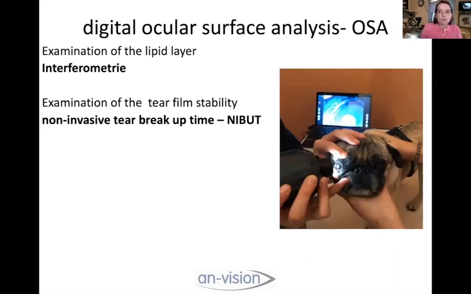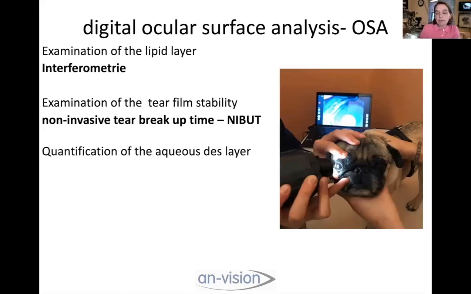How can I justify putting this dog on a drop, or how can I place my diagnosis? So this is a non-invasive tear breakup time, and it might be more objective than what we do with the classic tear breakup time measurement.